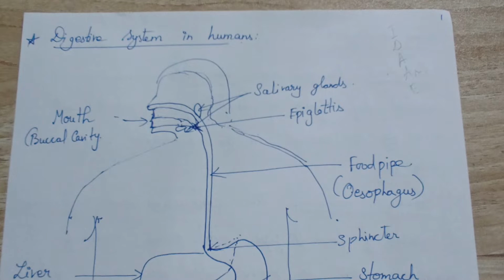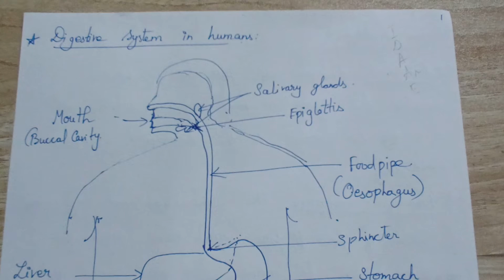Last class we saw how food is ingested, digested, and absorbed in unicellular organisms like amoeba and paramecium. And today we are going to see how food gets into the body, is digested, absorbed, and used for various purposes, and waste is ejected.